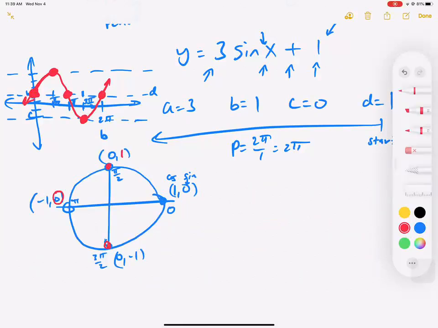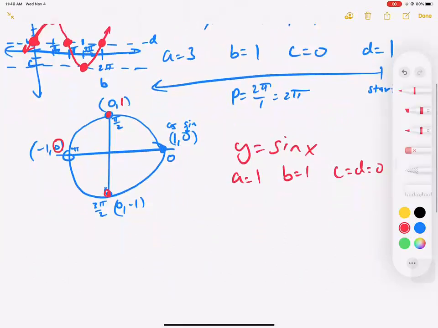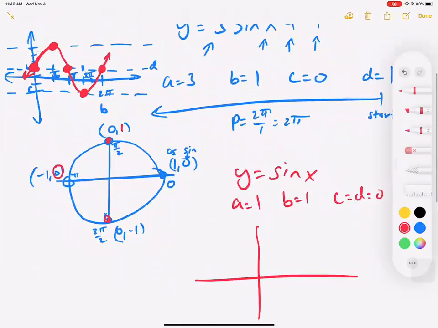Now, let's talk about this again. If I gave you a regular sine graph, y is equal to sine of x, a is equal to 1, b is equal to 1, c and d are both 0 here, we would start off with a graph. D is 0, c is 0, our b value is 1, so for our period, we need to figure out how long it takes me to finish this job.